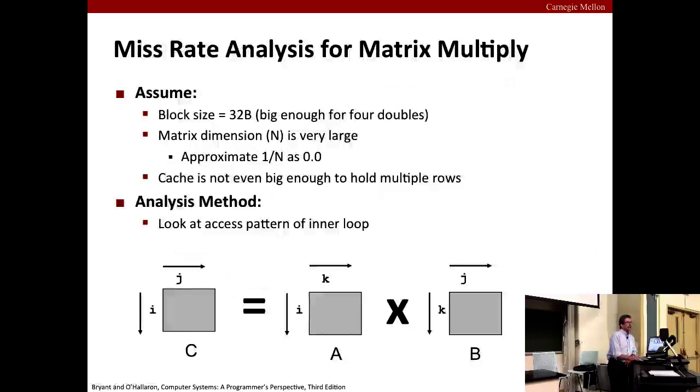And so we can actually analyze those different permutations and predict which one will have the best performance. Okay. So what we'll do is we'll look at the inner loop, and we'll look at the access pattern of the inner loops, and it's the access pattern on arrays C, A, and B.